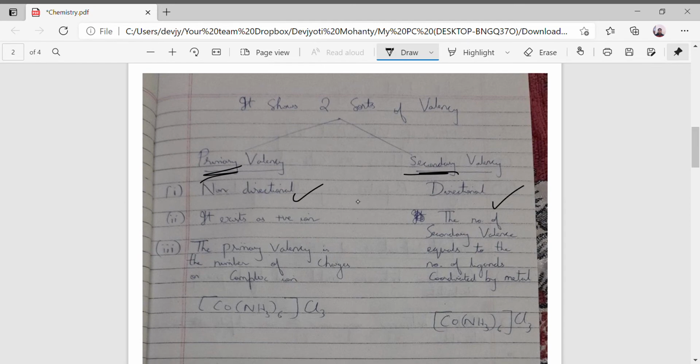Primary exists as a positive ion, and it shows the number of charges on the complex. Example is [Co(NH3)6]Cl3. Whereas in secondary valency, it is equal to the number of ligands coordinated by the metal.